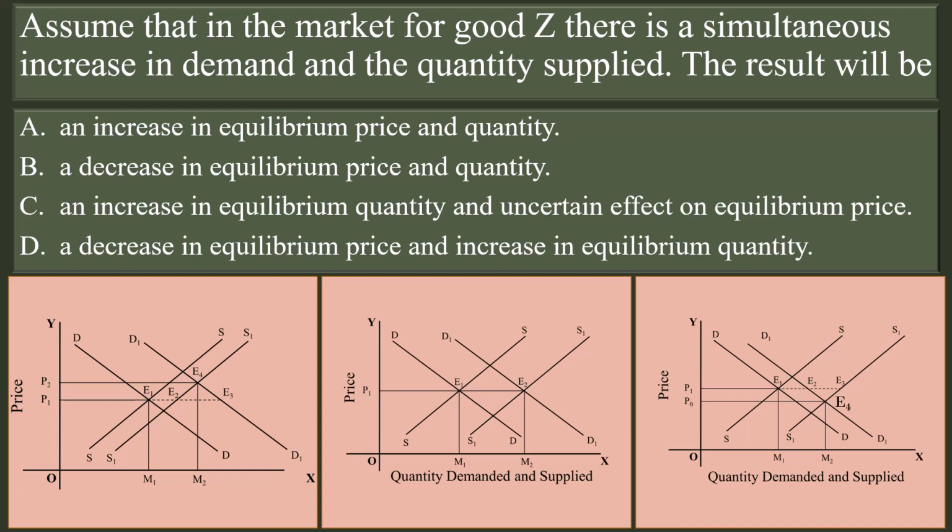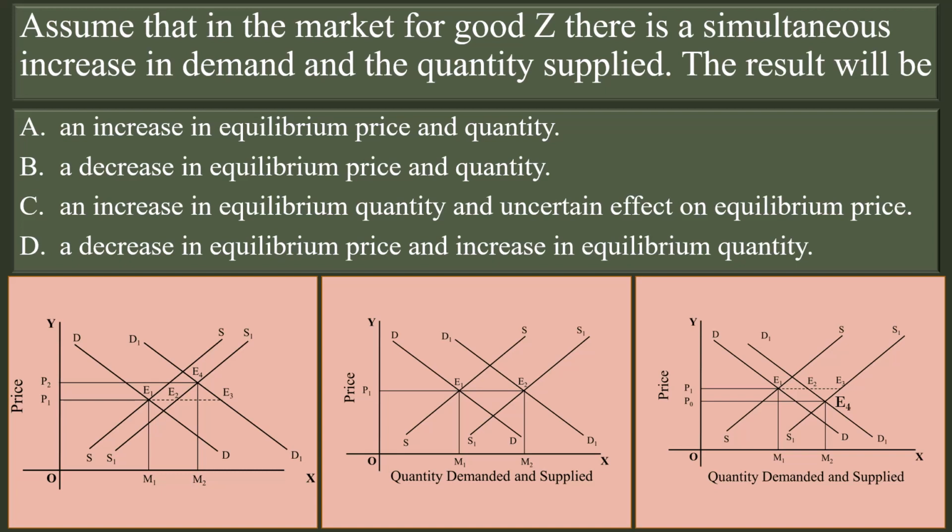Similarly, in all the cases, S is the original supply curve, S1 is the new supply curve. In the second case, the extent of increase in demand is the same as the extent of increase in supply. In the third case, increase in demand is less than increase in supply. Keep that in your mind. We shall compare the change in price and quantity in all the three cases.